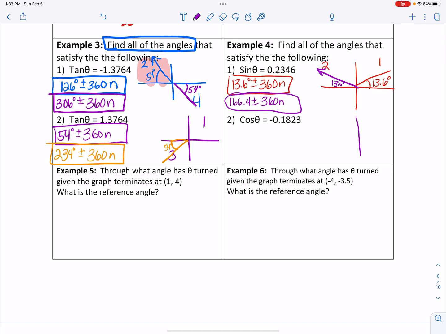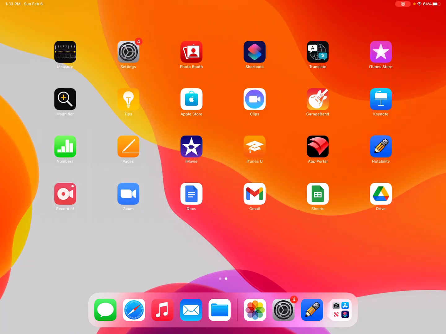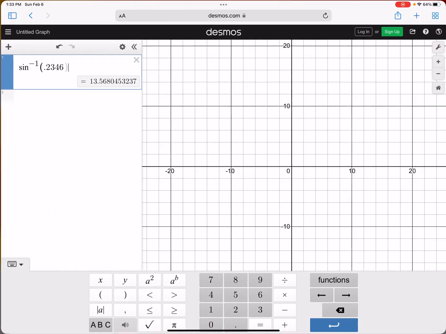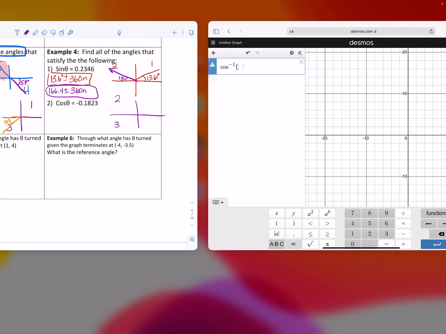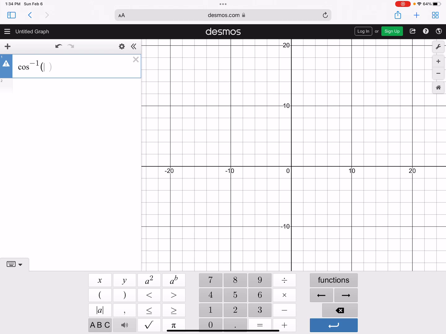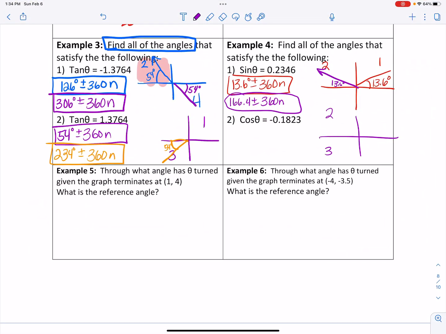If my cosine is negative, that's in 2 and 3. Okay, so I'm going to inverse cosine. Cosine negative 1, negative 0.1823 is 100.5. Okay, so that gives me this one in quadrant 2 already, 100.5 plus or minus 360n, right?